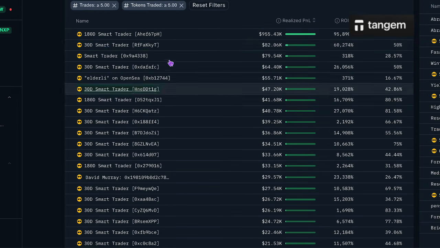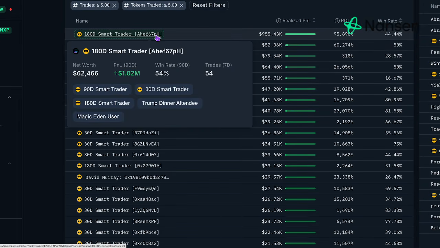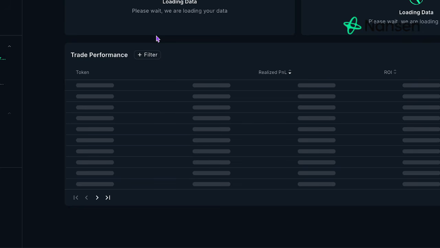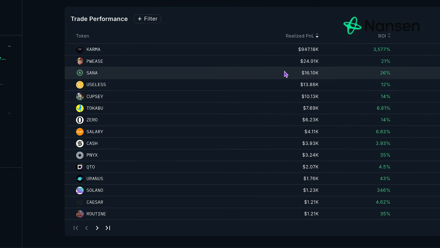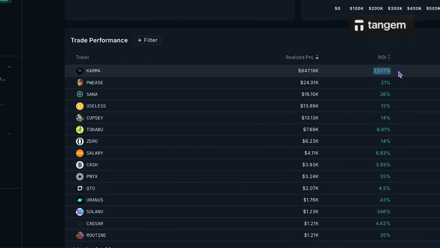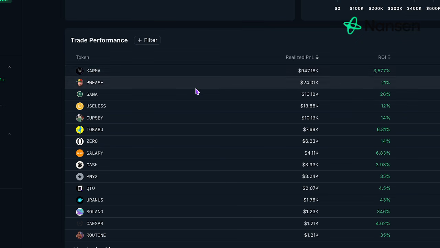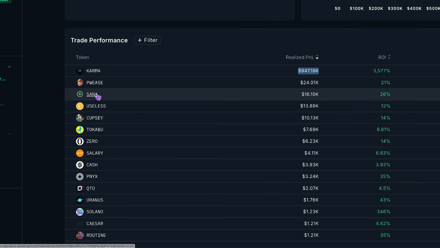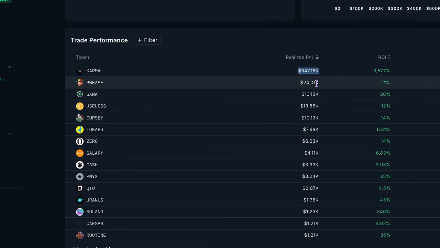You can click on any of these addresses and see what their best performance has been. So for example, here, Karma has made 3,577%. This whale bought $29,000 of this and turned it into $1 million. Thank you very much. PWC here, $24,000, right?